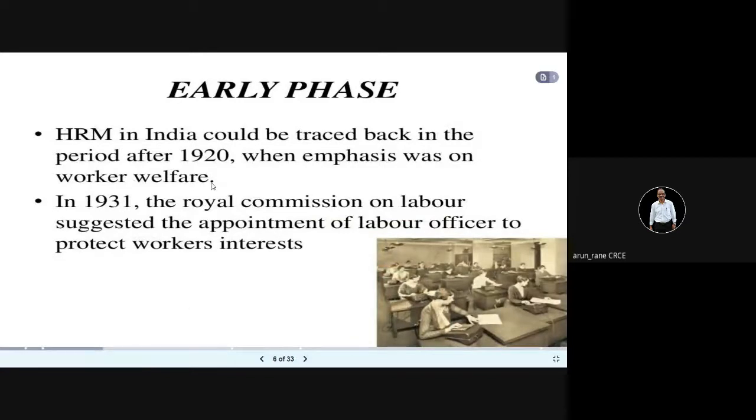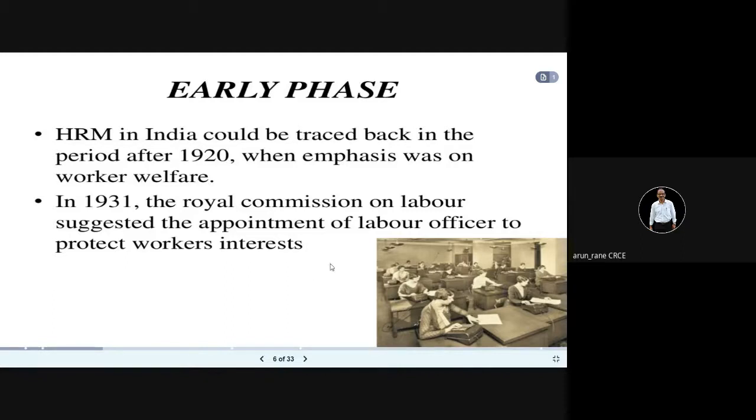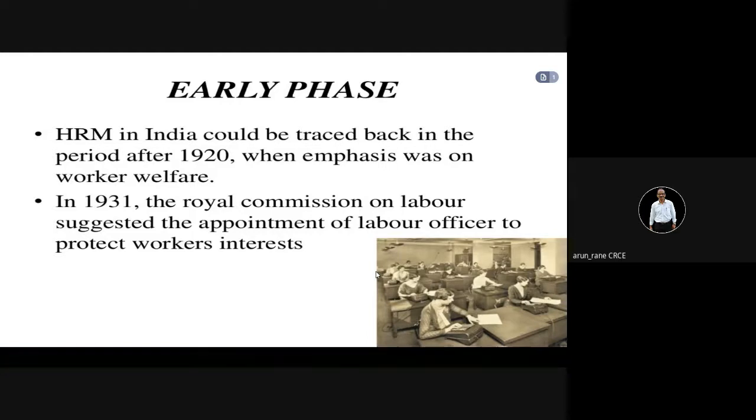In India, we can say that HRM can be traced from 1920, and the major emphasis was on worker welfare. In 1931, the labor officer was appointed, and this position is still there in many big companies.